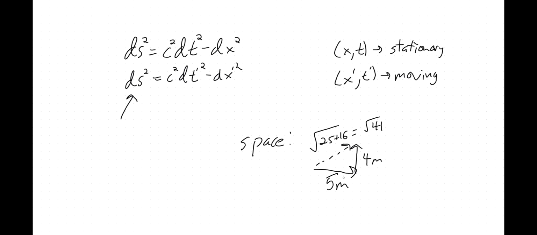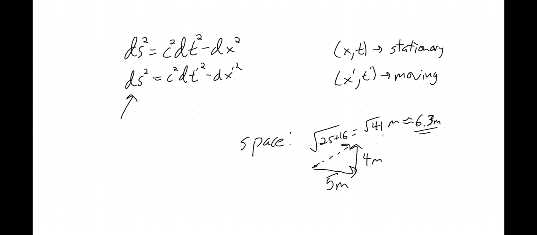Am I doing my arithmetic correctly? Yes. Meters, which is approximately, the square root of 36 is 6, so I'm going to guess around 6.3 meters without doing this with a calculator. Something like that. So I went a total displacement of 6.3 meters, right? I'm now 6.3 meters away from where I started.